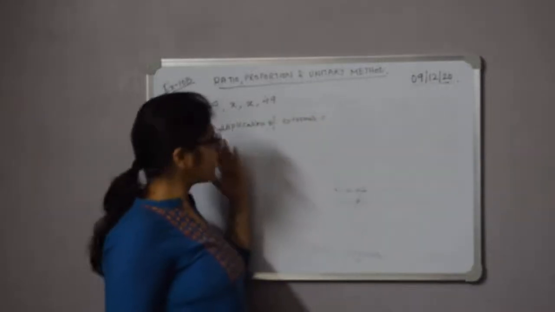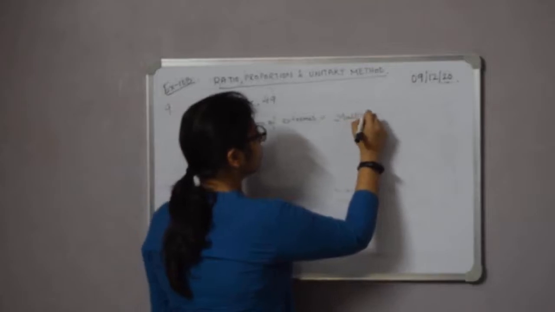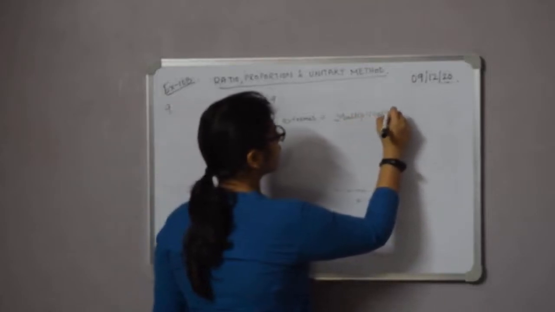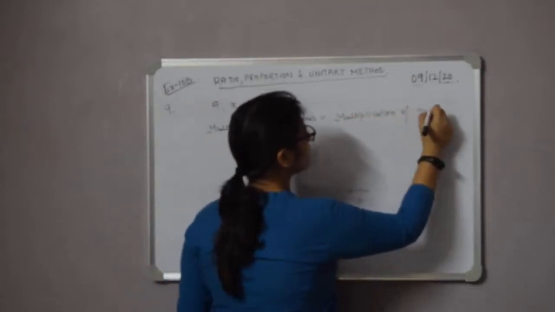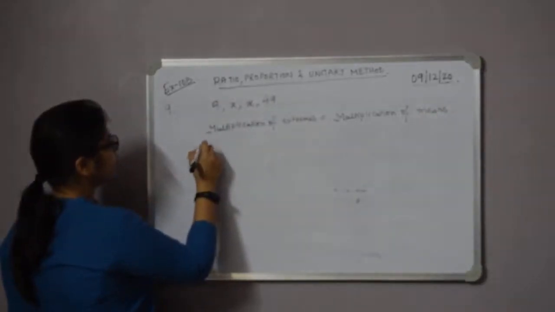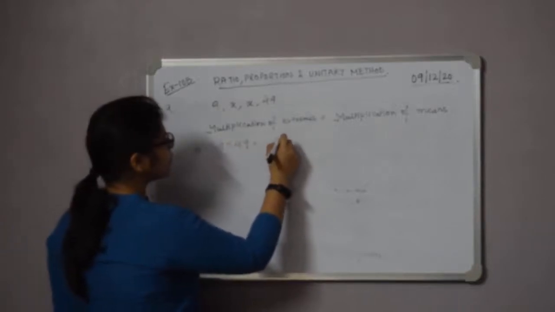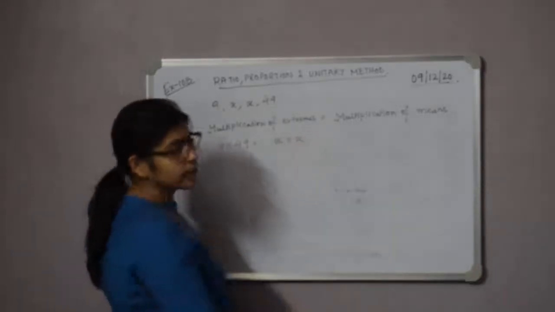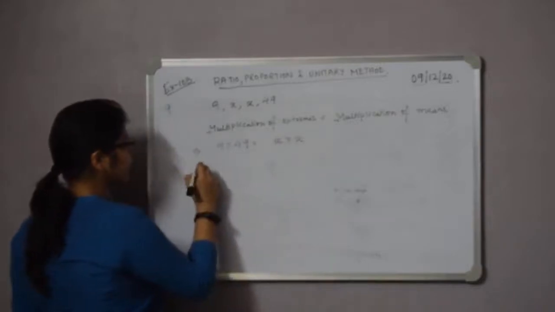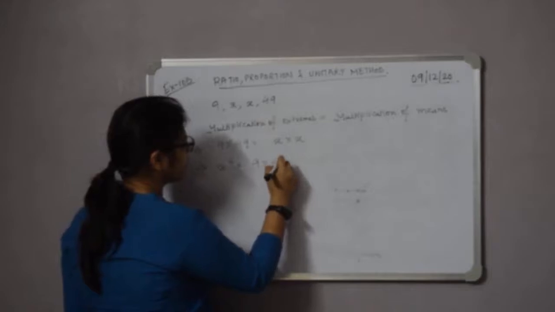we can easily say that the multiplication of extremes will be equal to the multiplication of means. Extremes means we multiply 9 and 49, and means we multiply x and x. So we have x square equals 9 into 49.